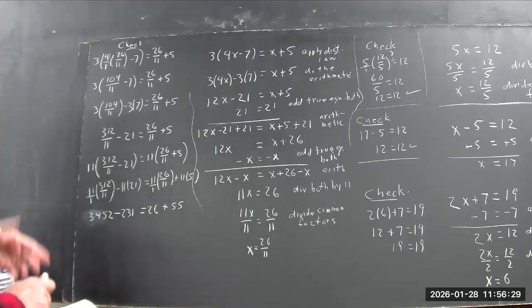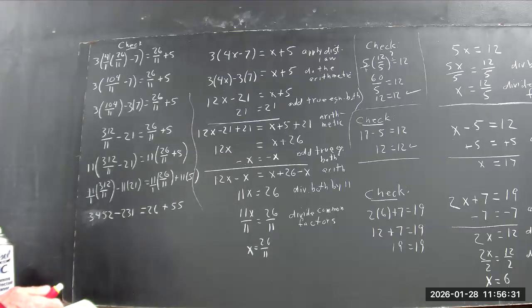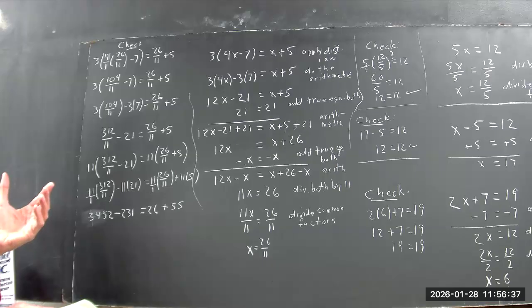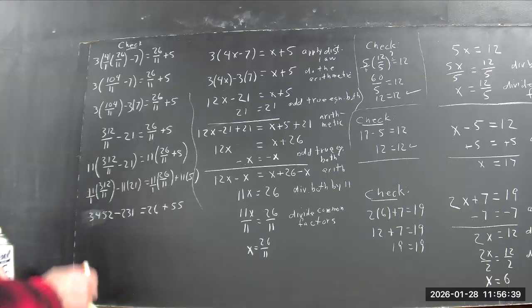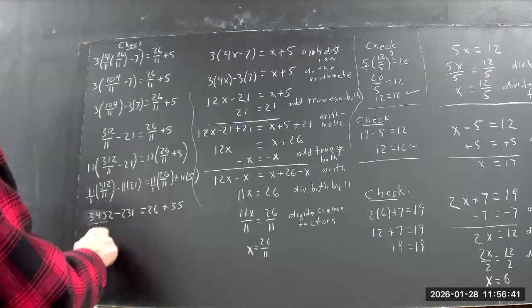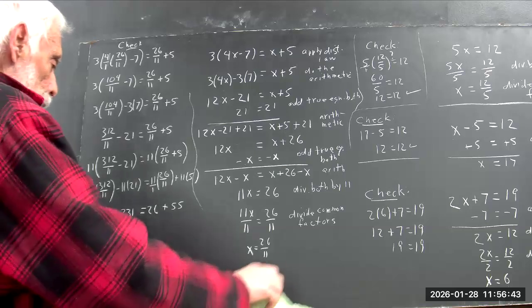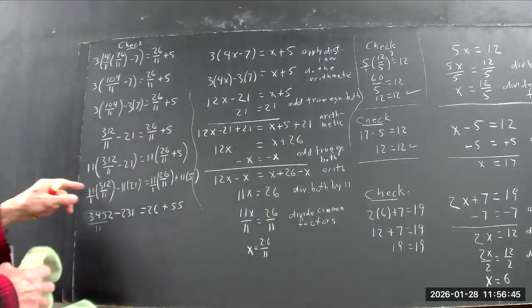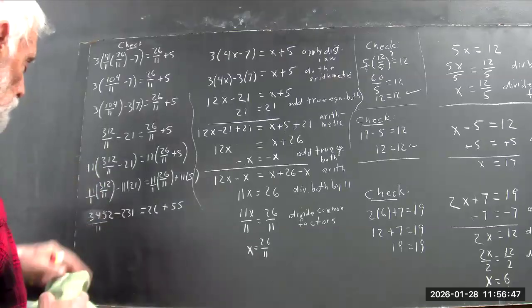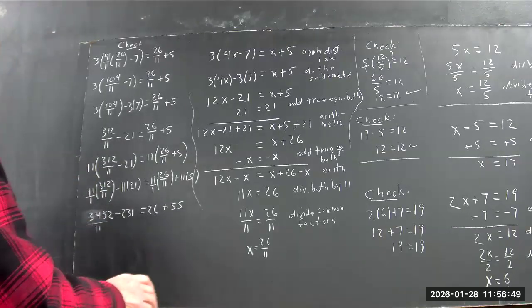Okay. Now, I get carried away with the arithmetic. I multiplied the 11 times the 312. And that's totally wrong because I left the 11 off. Now, I could have written that as this over 11. Okay, that is 11 over 1 times 312 over 11 in the preceding step.